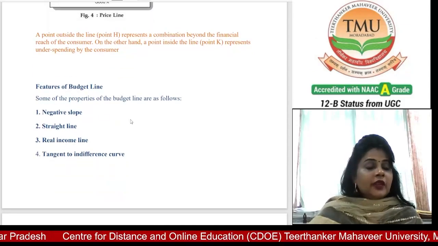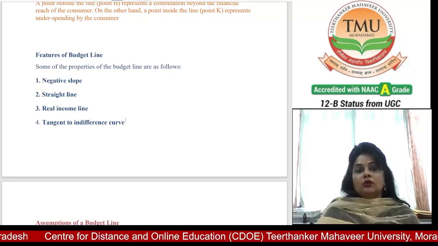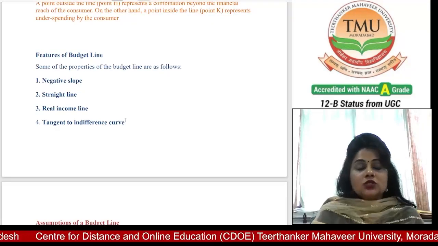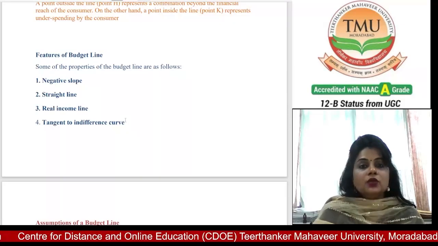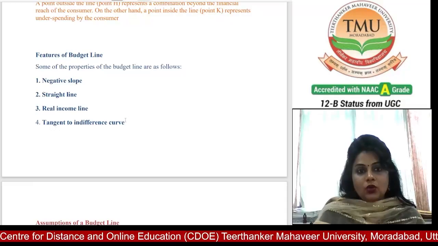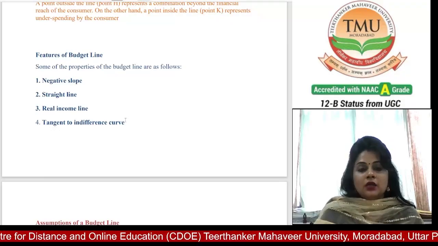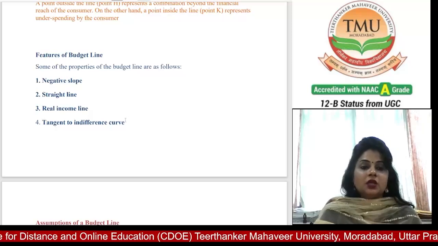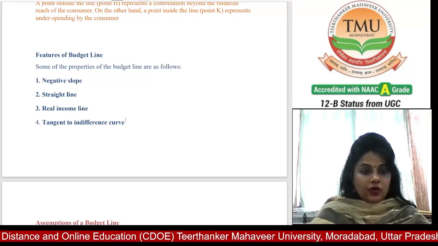As I also explained, if a consumer wants to increase the units of X food, he has to give up some of the other food. So there is an inverse correlation between the two products, and the line is downward.